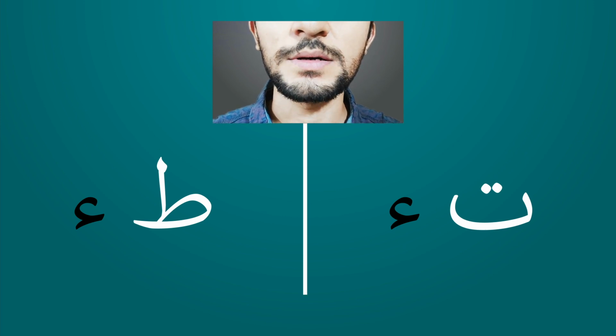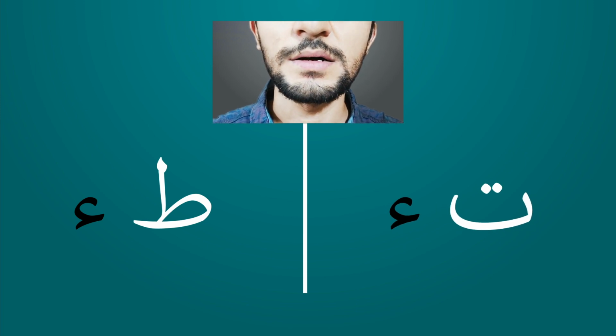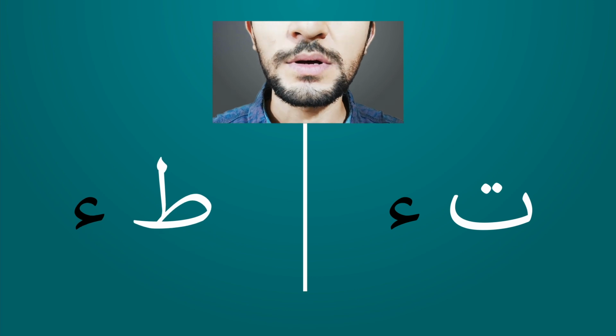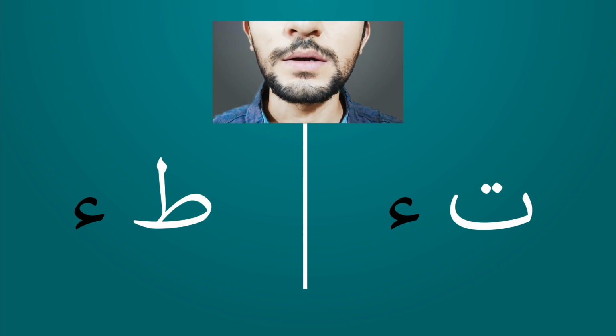Now I'll repeat them many times. Te, te, te, te. Ta, ta, ta, ta. We can even switch between them. Te, ta, te, ta, te, ta, te, te, ta, ta, ta, ta.